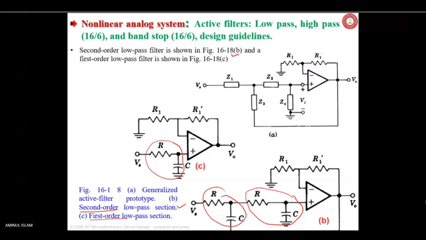The order of filter is decided by which criteria, that I should say this is first order, this is second order, this is third order or fourth order filter? That's not my question. What is the criteria with which we can say this one is this, this one is this? Aman? Sir, don't know.